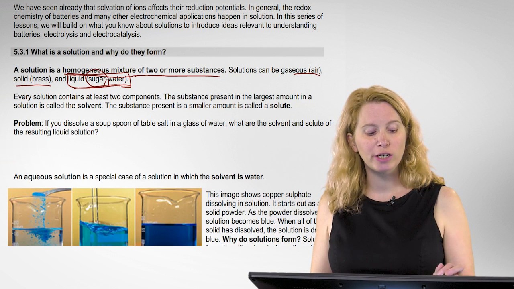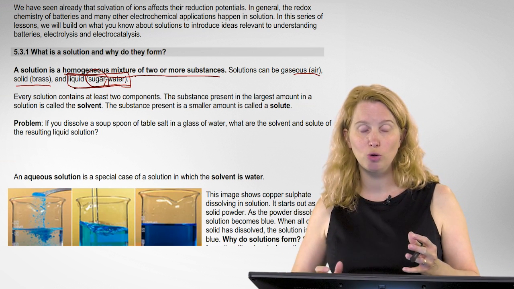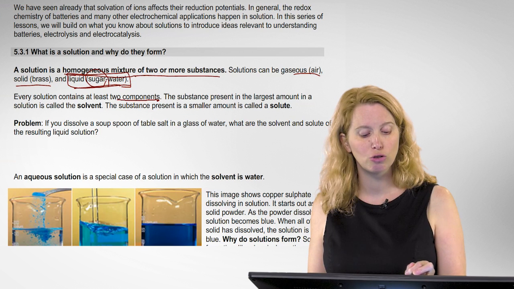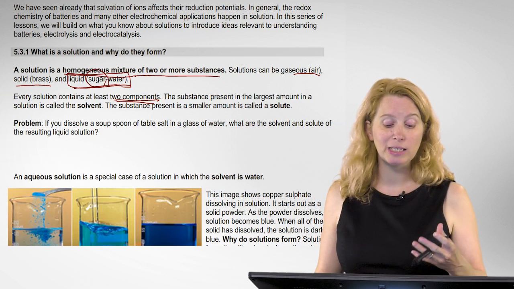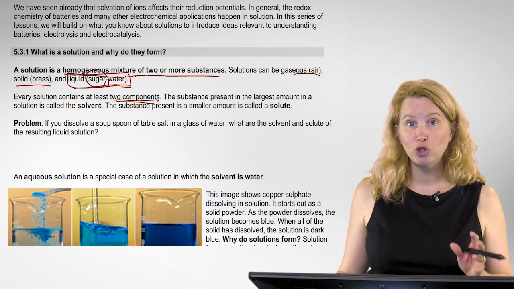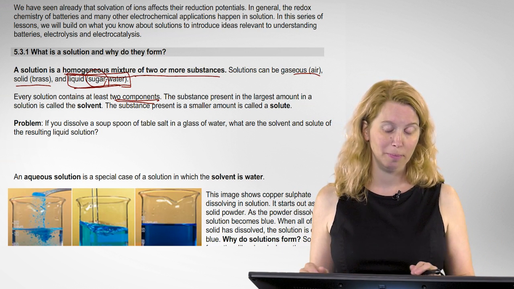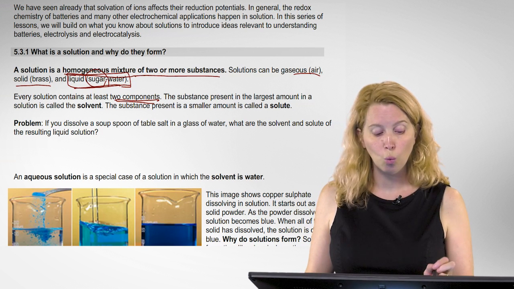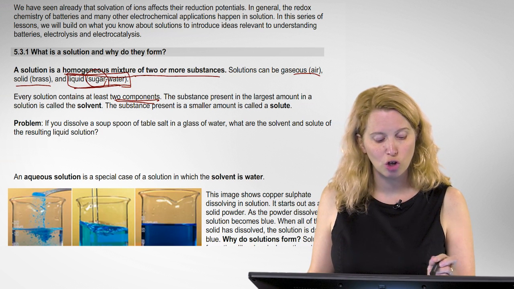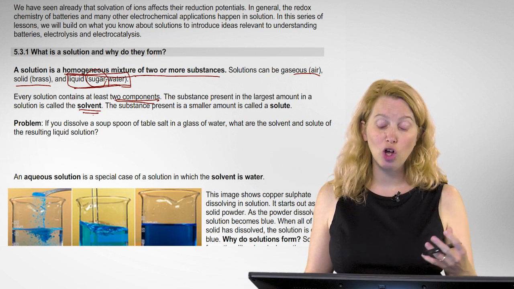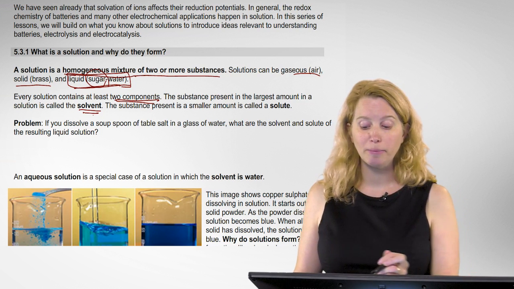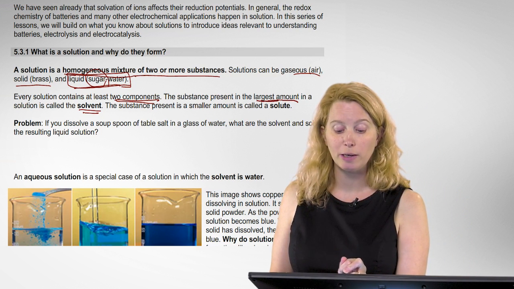So by definition, a solution is a mixture of two or more substances. That means every solution must contain at least two components. And those two components have distinct chemical names that allow us to track them as chemists. One of those components is called the solvent. The solvent is usually the substance present in the largest amount.